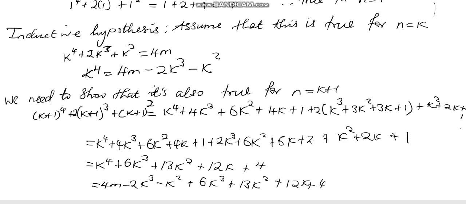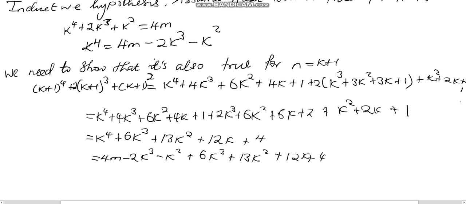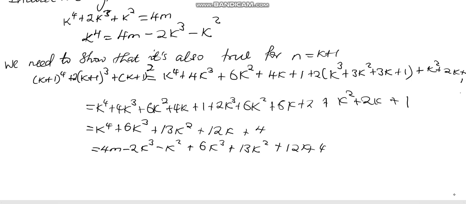Then you notice that we simply remain with 4m plus 4k to the power 3 plus 12k squared plus 12k plus 4.